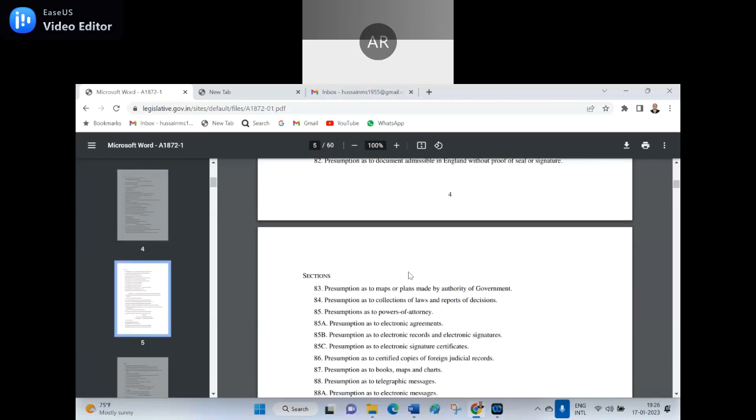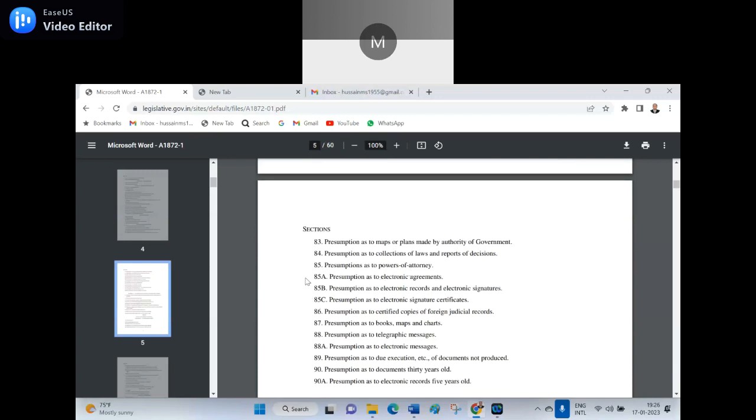So sometimes they will ask like 85A, 85B, 85C. They can ask the question like this also. And they will make a jumbled order. They start from 85 and end with 85C. Because they will mismatch it, from one thing to another they will put it.